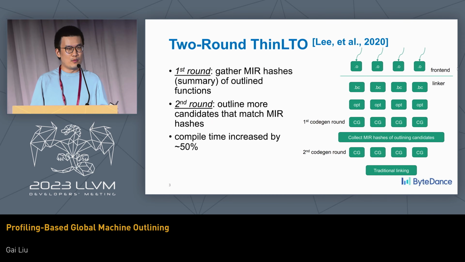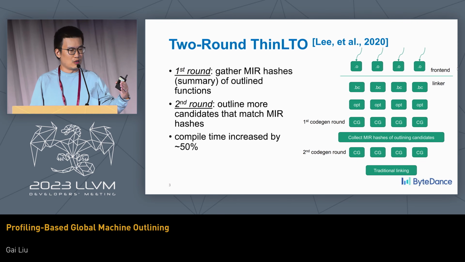I'd like to dive more into the details of some of the recent work that uses single LTO for the machine outliner. This work, done a few years back, essentially uses a 2-round code generation approach for single LTO. The first round is only used for generating the summary, which is pretty straightforward.